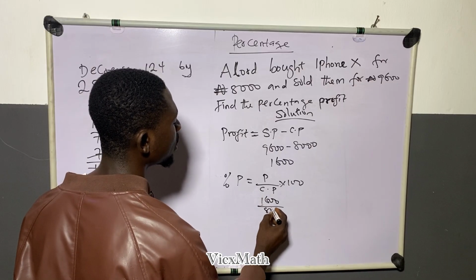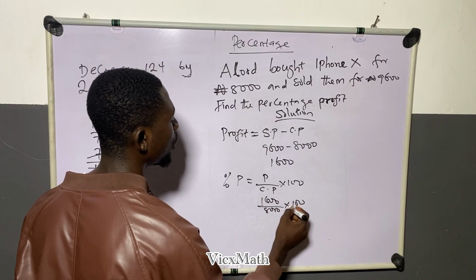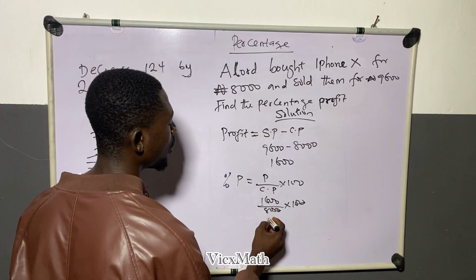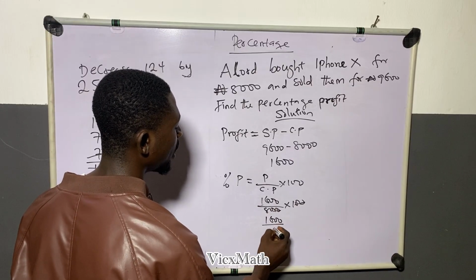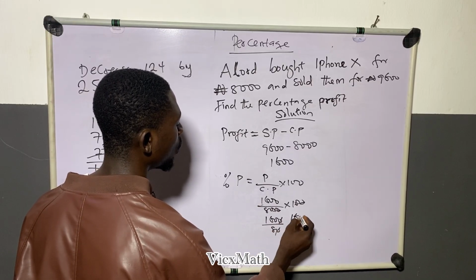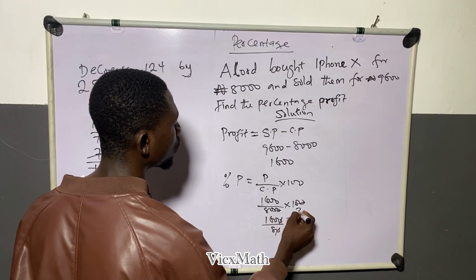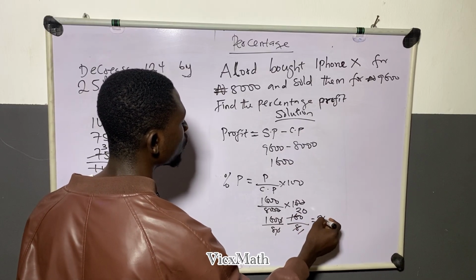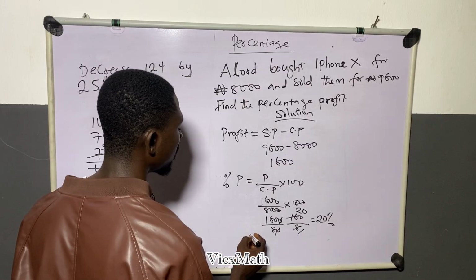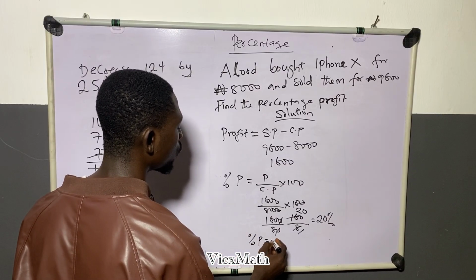The cost price is 8,000 times 100. 0 cancels 0, so we'll have 1,600 all over 80. 0 here cancels 0. We'll have 160 all over 8. 8 into 16 is 2, 8 into 0 is 0. So the answer is 20%. The profit percent, or the percentage profit, is equal to 20%.